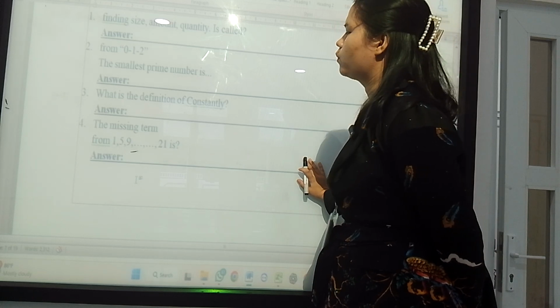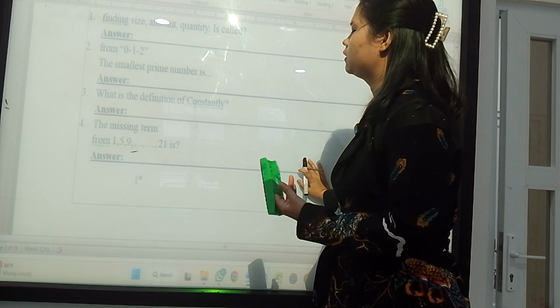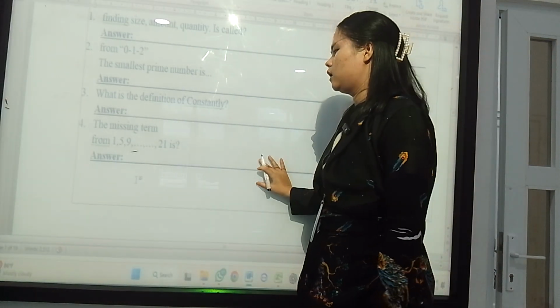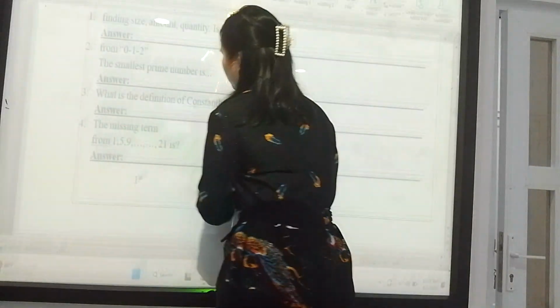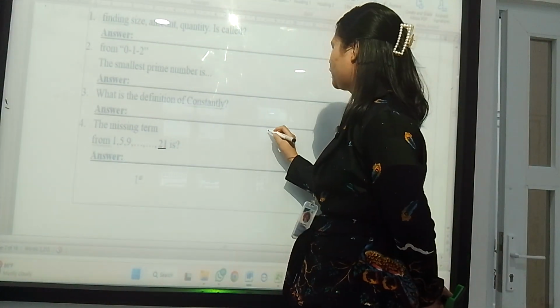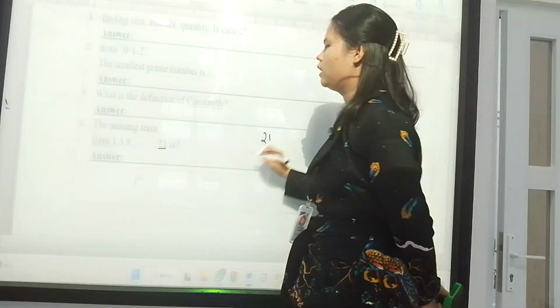For the missing term from 1, 5, 9, blank, blank, blank, and 21: we see the end of the pattern, the last term is 21, and the first term is 1.